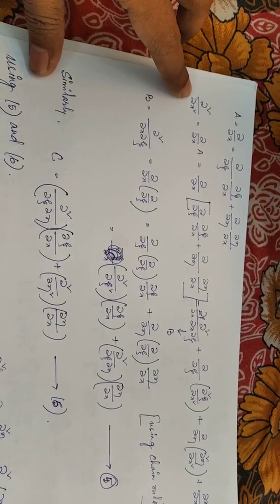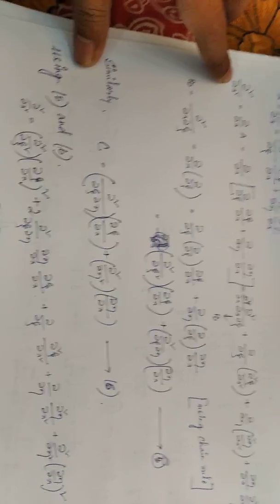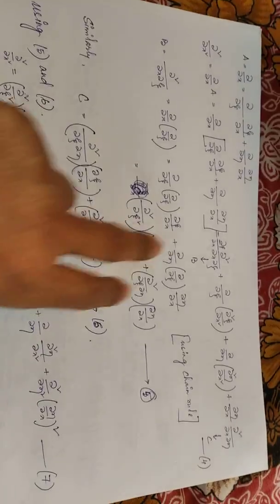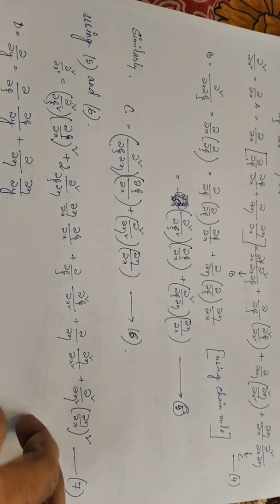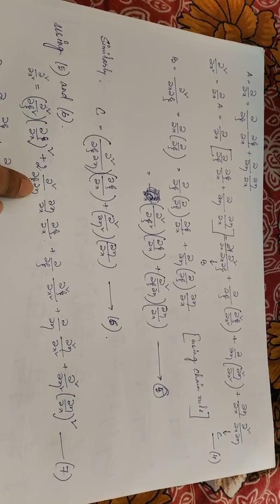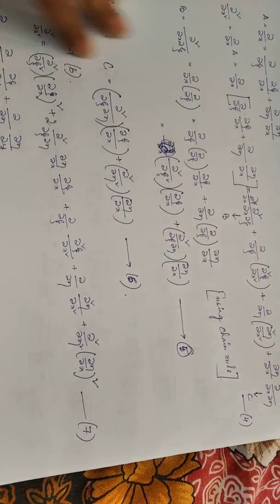Similarly, we have represented del/del y, the partial differentiation with respect to the second variable, in terms of xi and eta, and del/del t in terms of xi, eta and tau. Similarly, here we have calculated the second-order differential operator in terms of xi and eta. You just see the calculations.